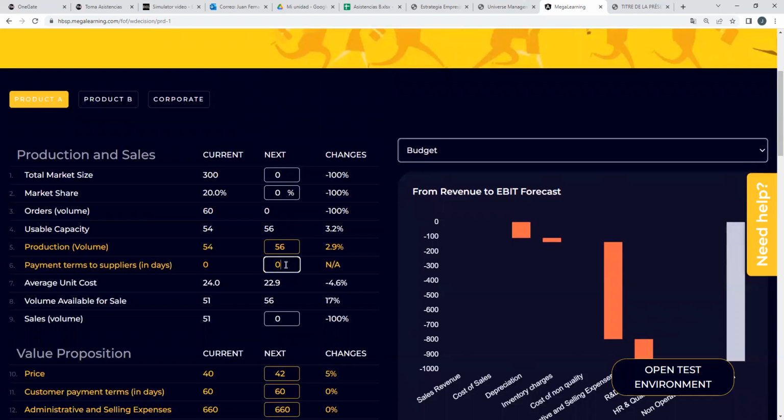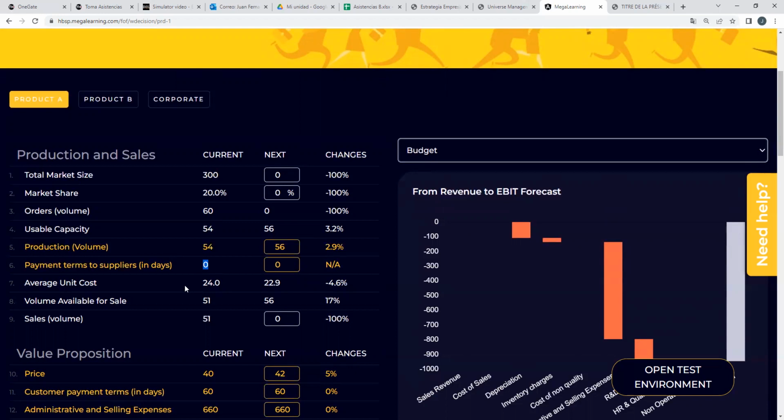The other decision box that has color is payment terms to supplier. It says that actually you are not giving any days. When you have 0 days, this means that your suppliers deliver the raw material for product A, and immediately you are going to pay him.